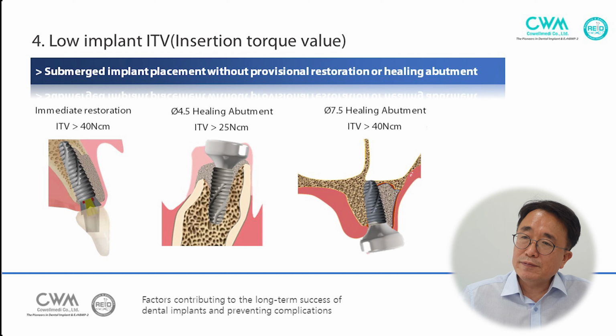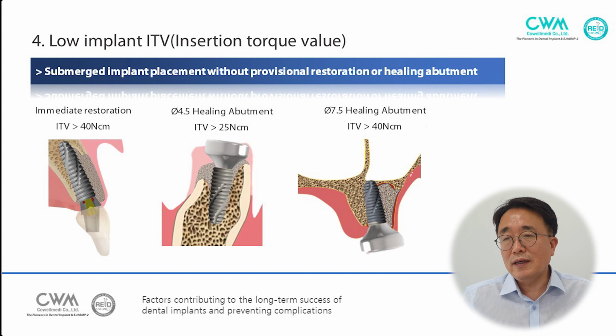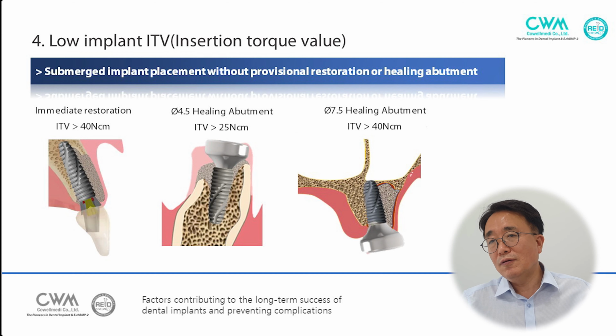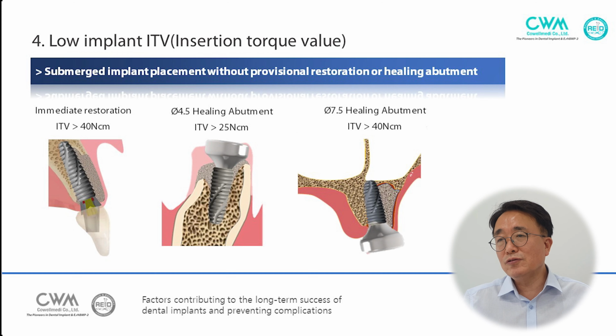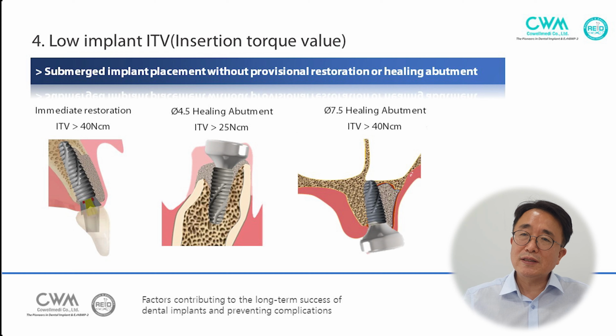Here, if in the maxilla molar the ITV is 40 Newton centimeter, you can connect a diameter 7 healing abutment. But if ITV was 25 Newton centimeter, you have to use a conventional healing abutment.